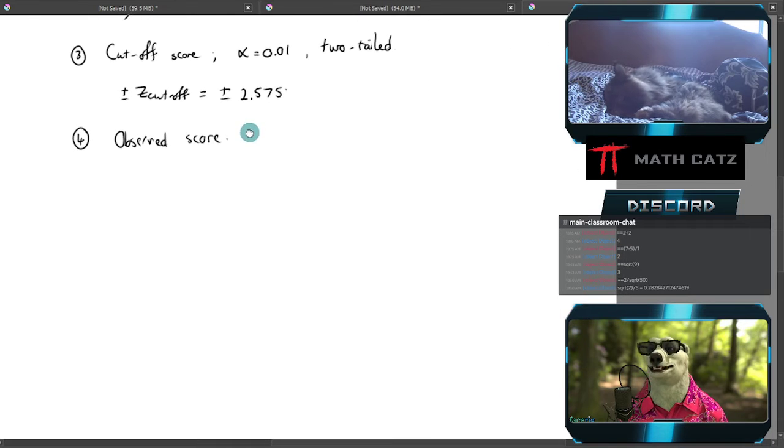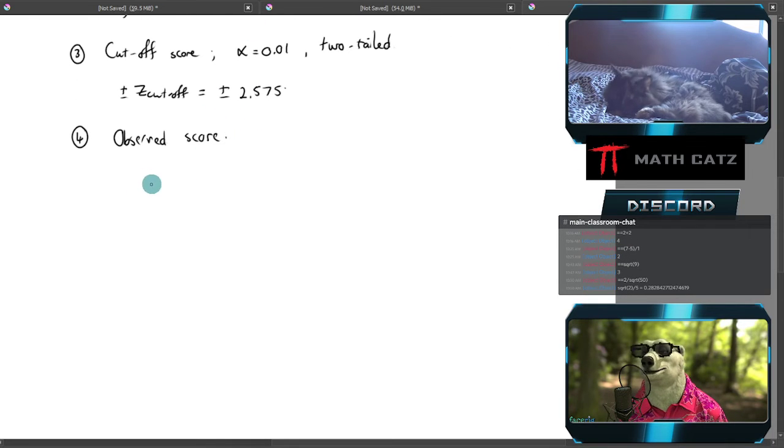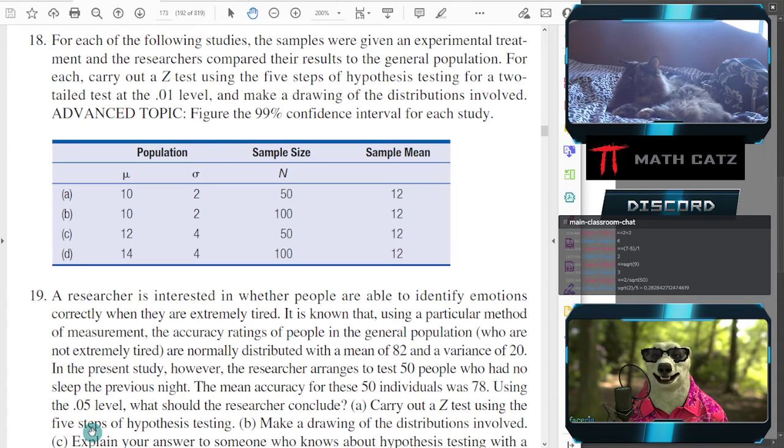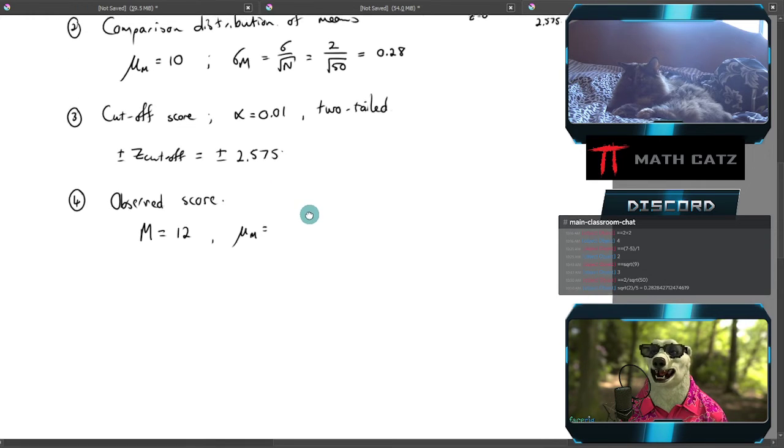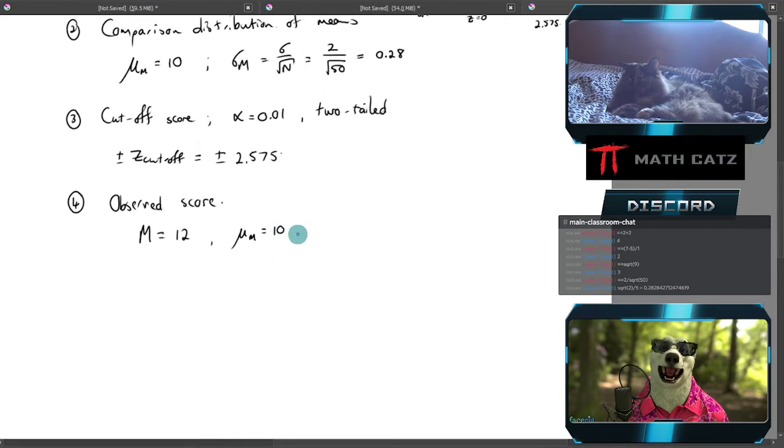So let's write maybe our mean was, I just said it. What was it? 12. Our population mean for the comparison distribution we have up here was 10. I'm just copying it. And the standard deviation for the comparison distribution is 0.28.